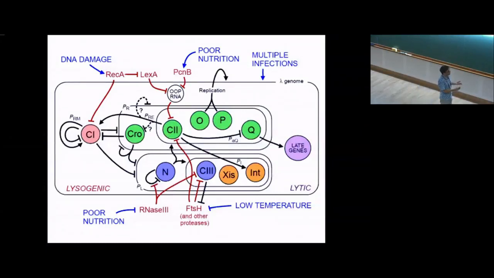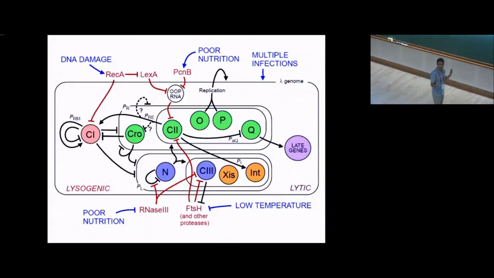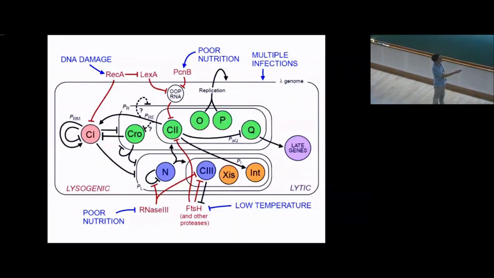And here, this picture tries to give you a representation of how external signals like poor nutrition could affect the phage genome and affect gene expression at the phage level, and therefore bias this decision. I said that there were both deterministic and stochastic aspects to it. Some of the deterministic aspects are these external signals that come in and affect various things over here.